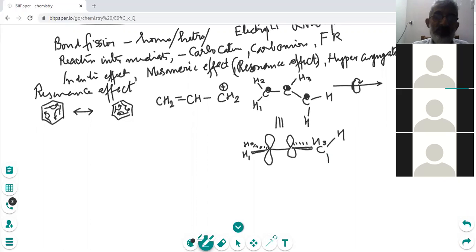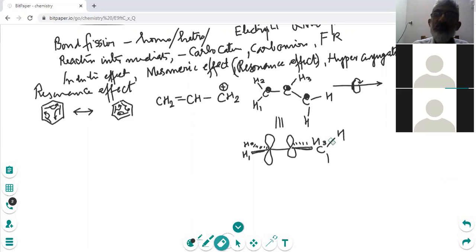I have to release it. Yes. Now see, this also will come to the perpendicular plane like this. Now see here.